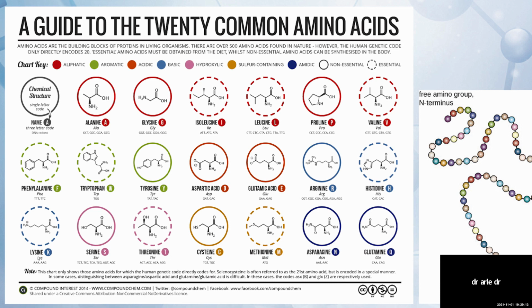It means that the body cannot, I repeat, cannot create these amino acids. All the other amino acids the body can create, provided the basic ingredients are present. We call them non-essential, meaning the body creates them, so they are not essential.